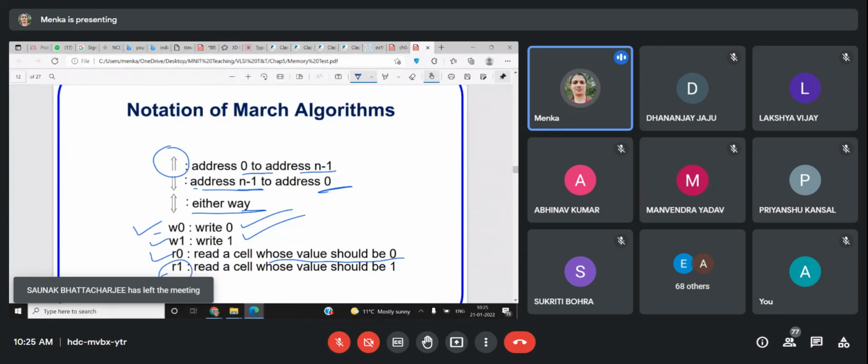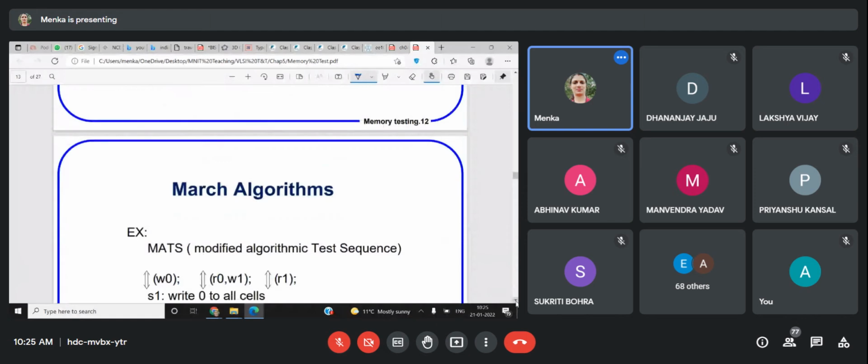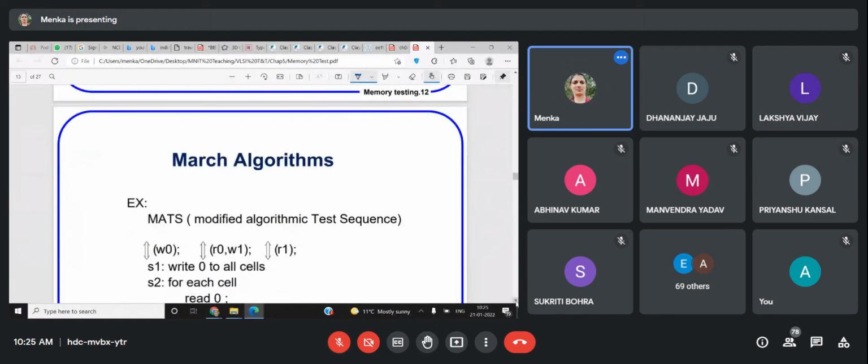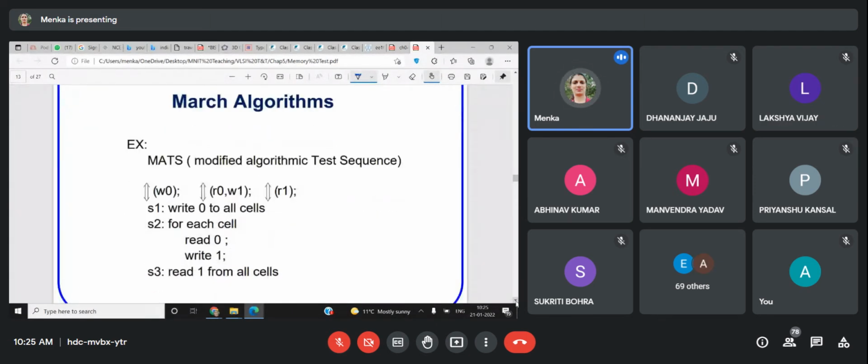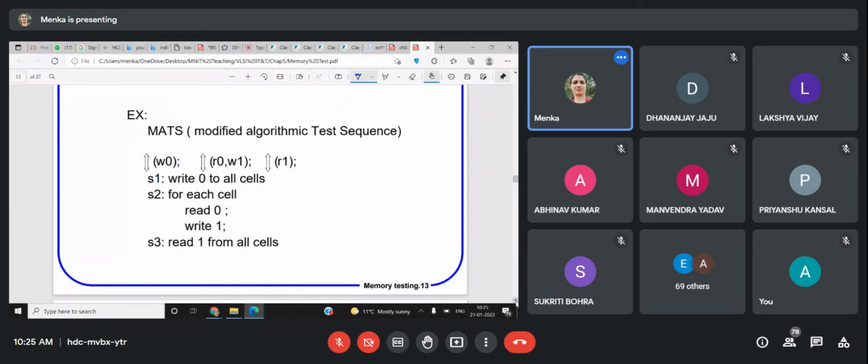R1 means read a cell whose value should be 1. The 0 that you wrote, you are going to read with R0, and you are going to read with R1, the one written by the write mode. So this is how the March algorithm works.